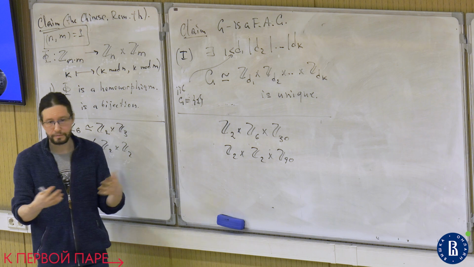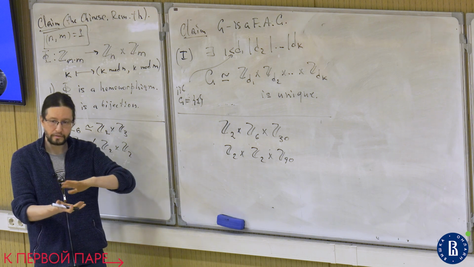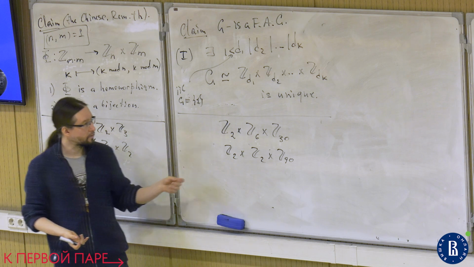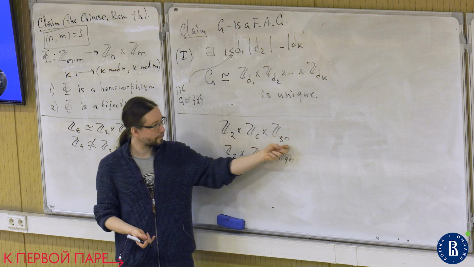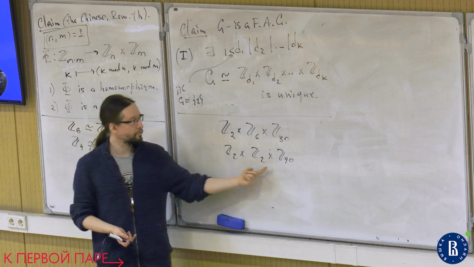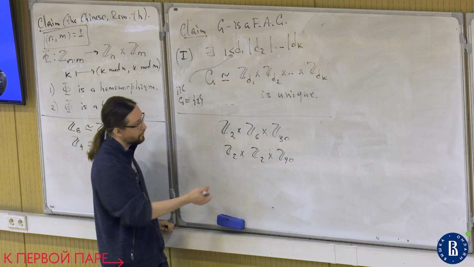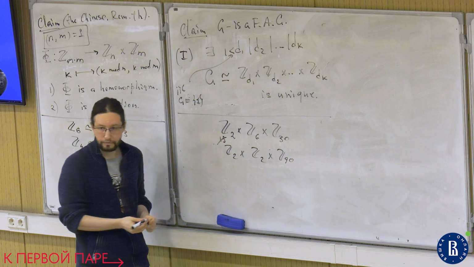If two groups have different amounts of elements, they are not isomorphic because the underlying sets are not the same. But in this case, here we have the sequence 2, 6, and 30, and here 2, 2, and 90. The two sequences are not the same, because here is the difference and here is the difference. So these two groups are not isomorphic.